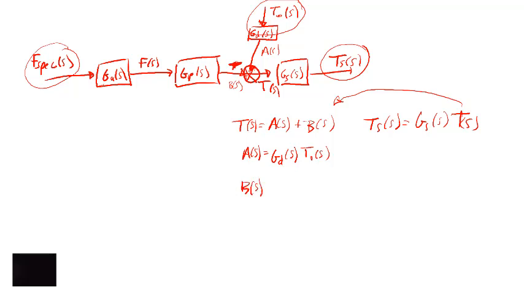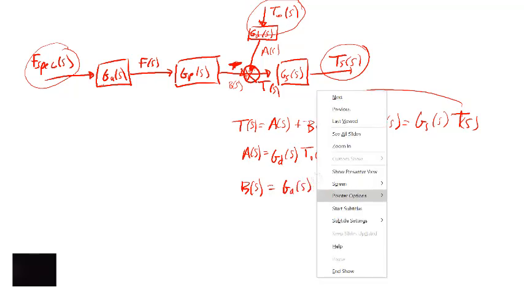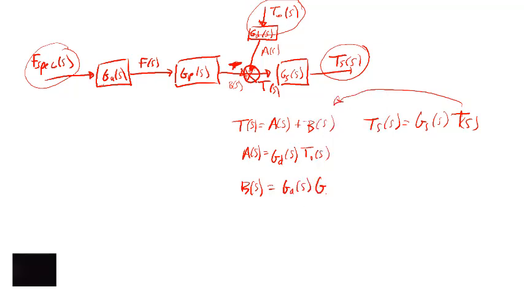And then we also know that B is going to be this input, so B equals the transfer function times F, and F equals a transfer function times F specified. So essentially B is the transfer function of the actuator times the transfer function of the process times the input, which is F specified of S.